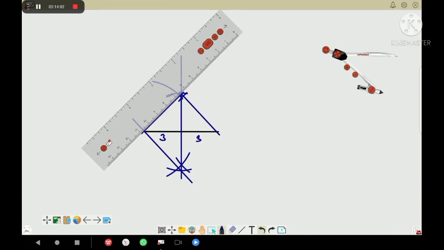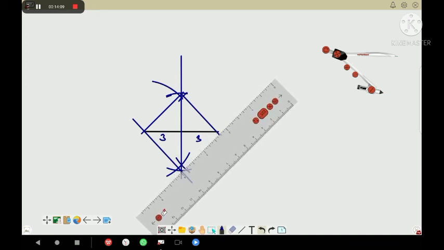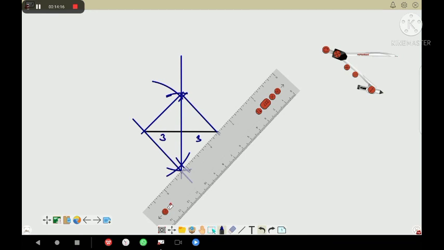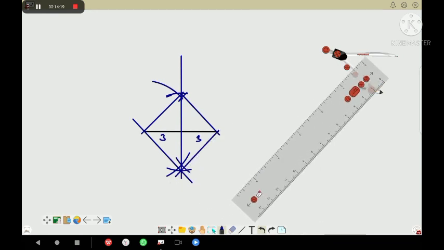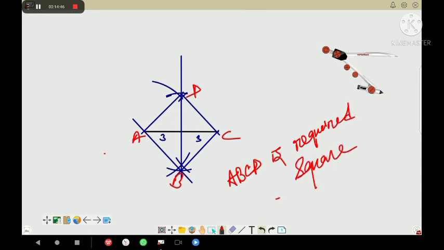Okay, no problem. If we give the names A, B, C, D, then ABCD is the required square.